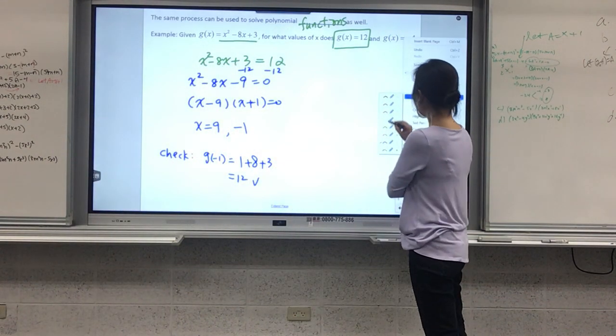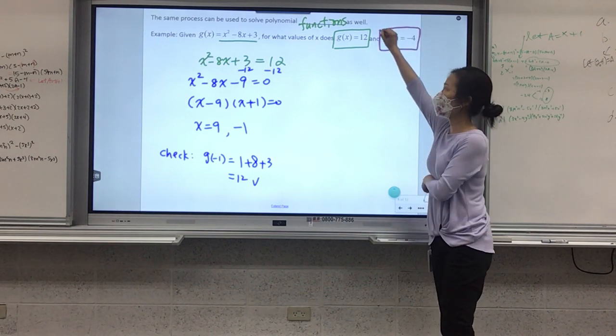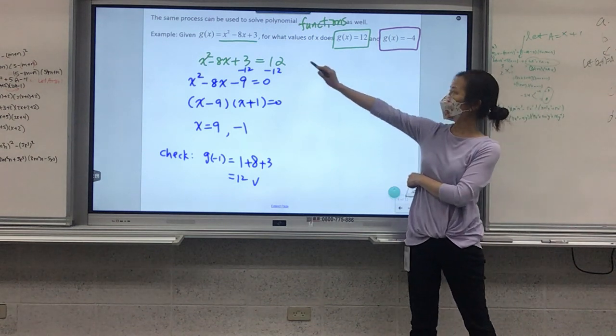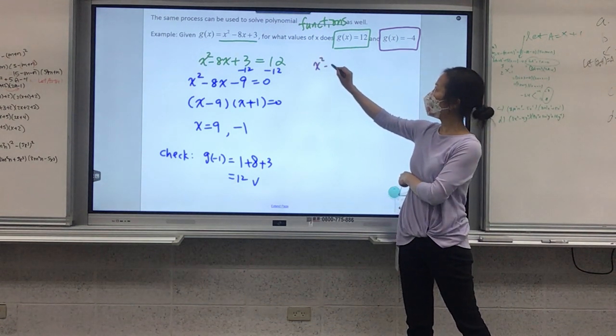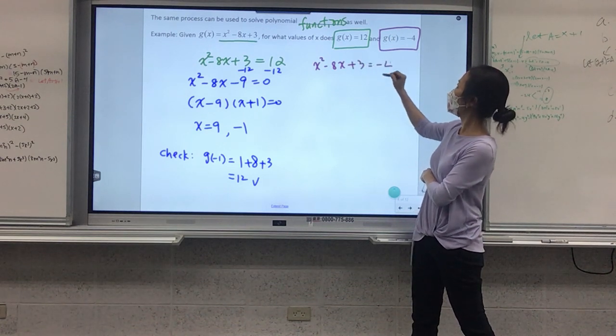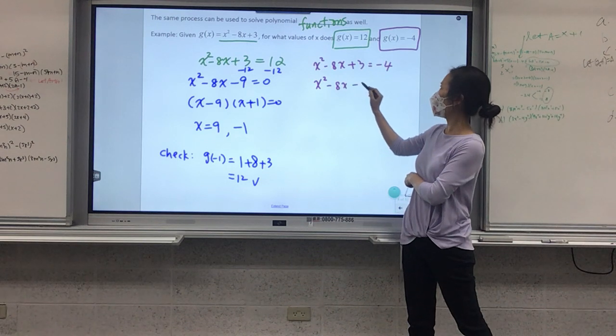Second, they also want you to solve what about when g of x equals negative 4? Do the same thing. Set x squared minus ax equal to negative 4. Move all terms to one side.